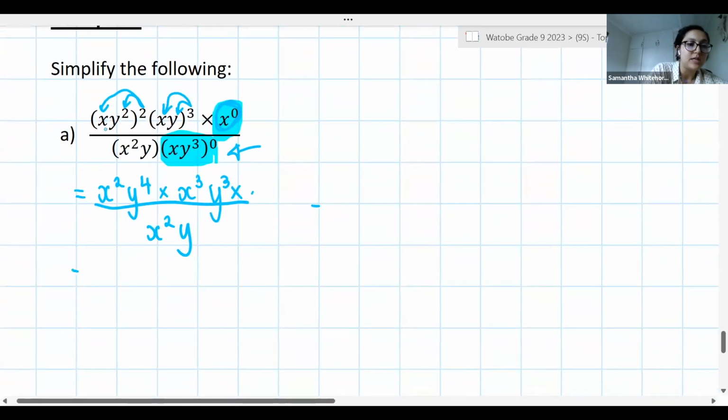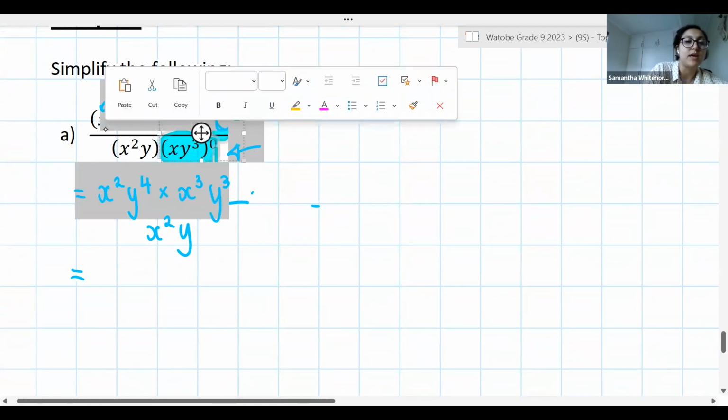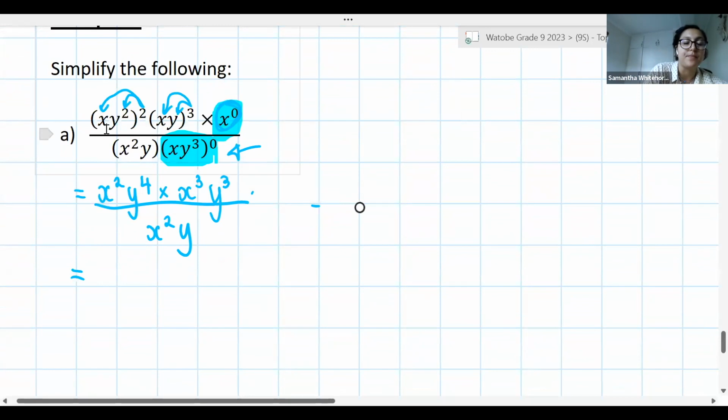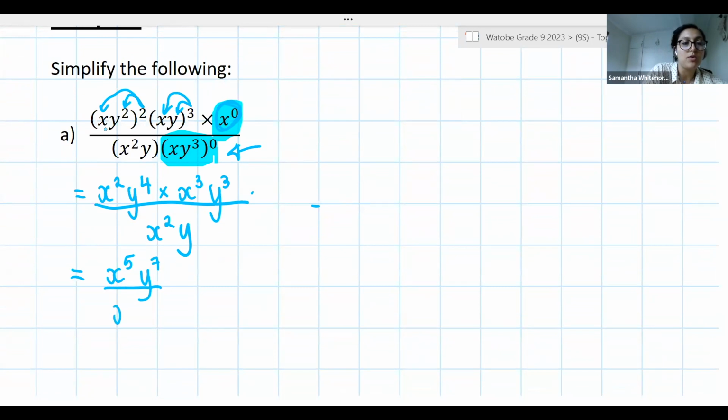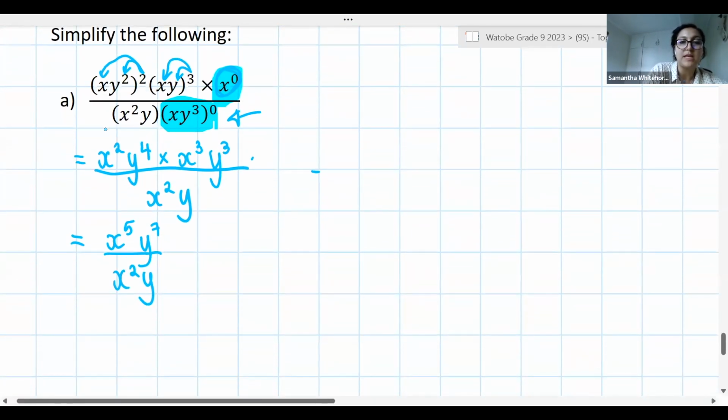Now, as Melinda said, if you multiply everything in your numerators, you multiply your x's together by applying your first law of exponents and adding the exponents, you get x to the power 5. And the same thing with y, you get y to the power 7, all over x squared y. Now we don't stop there. We need to simplify as far as possible.